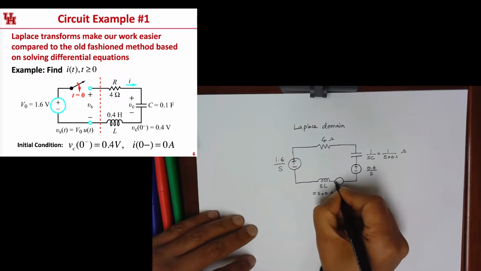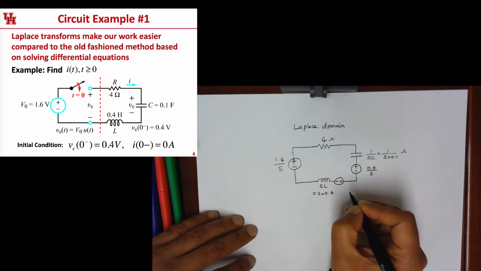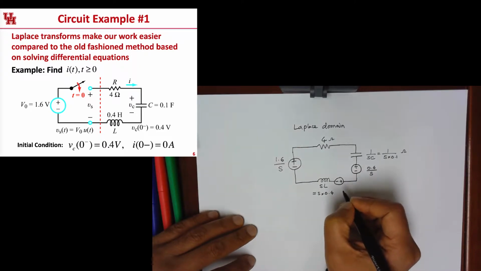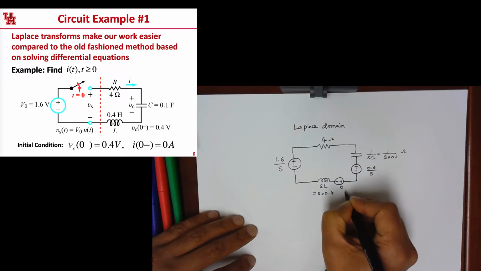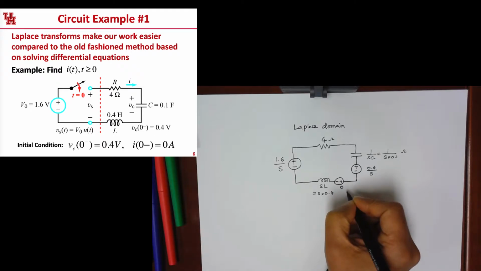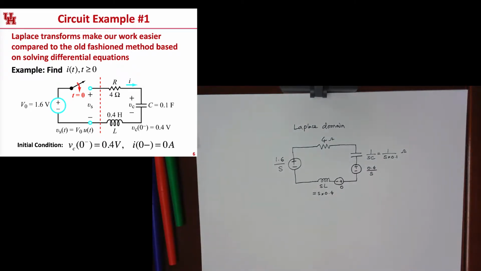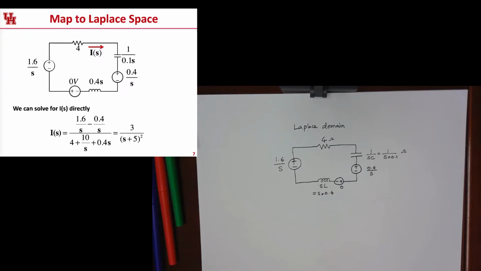But remember, this guy is going to be backwards, so it's going to be wired kind of like that. And the initial current through this is 0 amps, so this guy is going to be 0 volts. So in this example, we don't have to worry about the initial current in the inductor because it just happened to be 0 for this particular example.